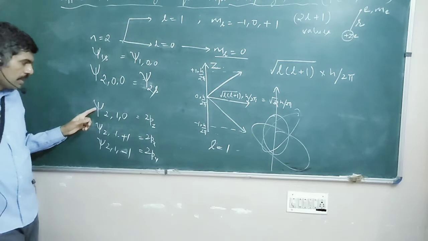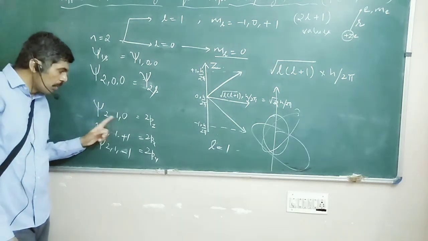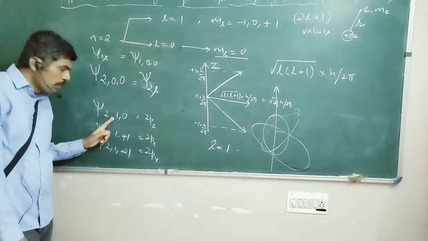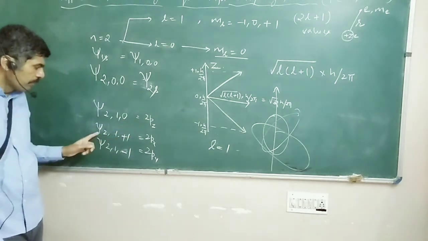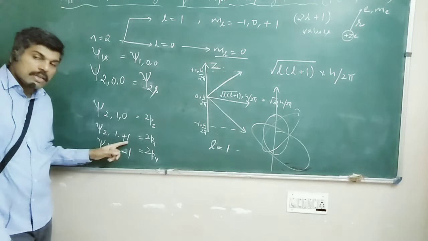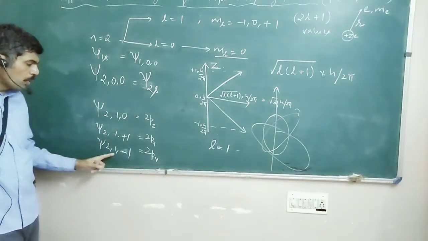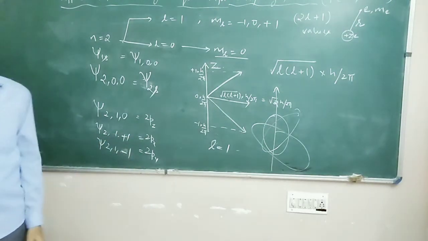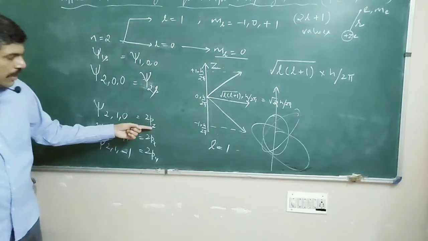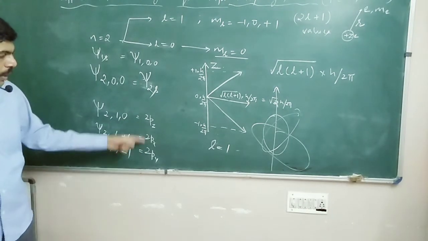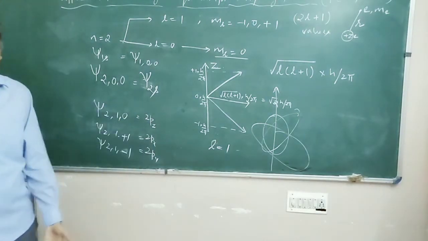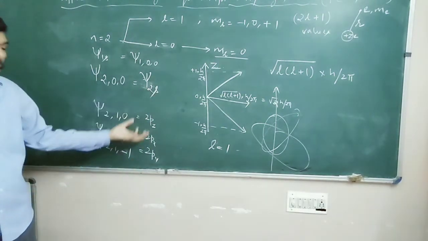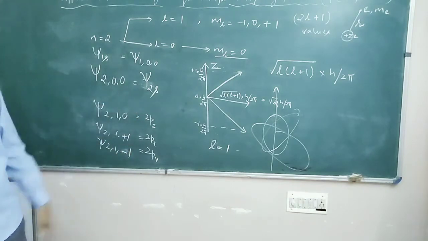Similarly, psi 210, n equal to 2, l equal to 1, ml equal to 0 is given the name 2pz orbital. 21 plus 1 is called 2px and 21 minus 1 is called 2py. We will shortly see why three orbitals are called pz, px and py. We will of course also deal with the shapes of s orbital and the shapes of p and d orbitals.